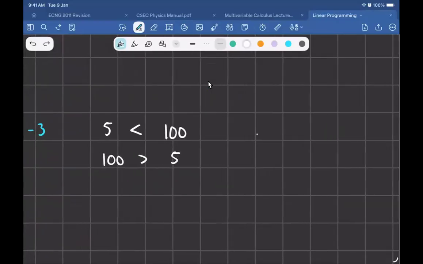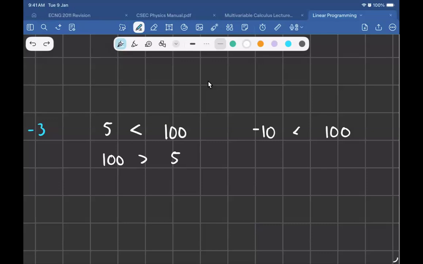Vanessa, if I had -10 and I had 100, what sign would I put in the middle? Is -10 more than 100, or is minus 10 less than 100? Minus 10 is less than 100. Right.